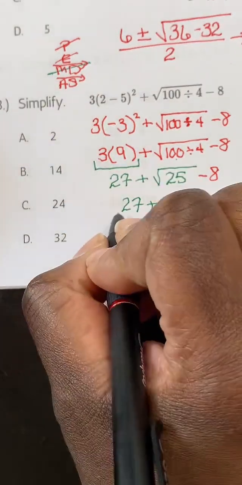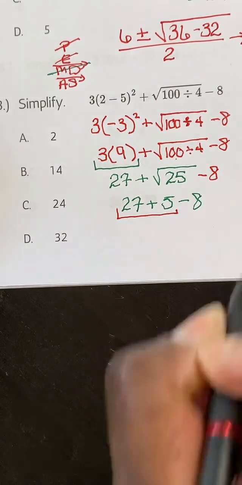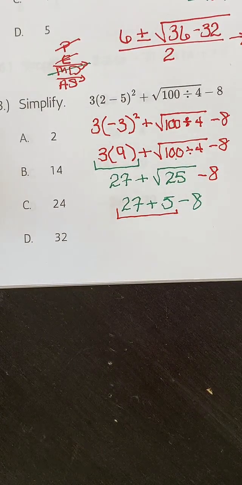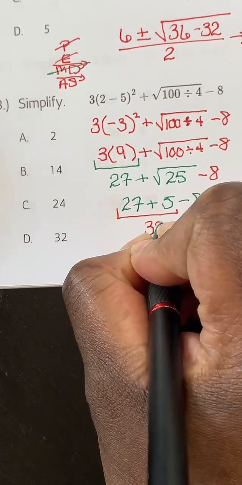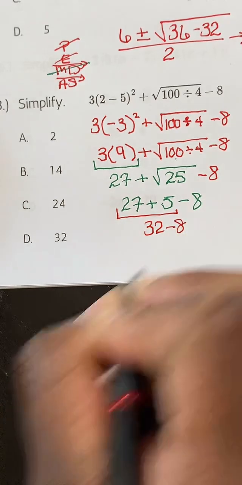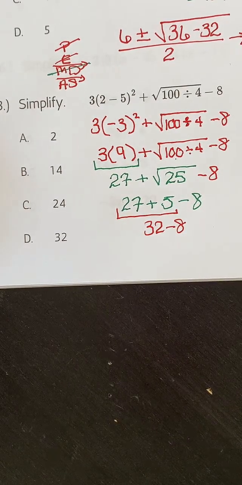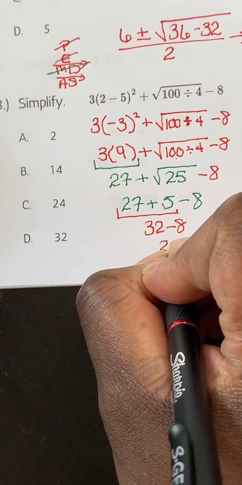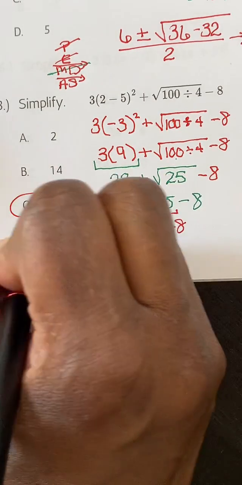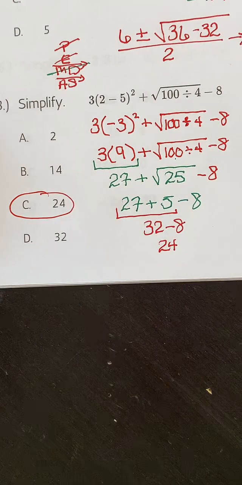So that means I am adding these two. So when I get my 27 plus my 5, that will give me my 32. And when I subtract that 32 with the 8, that will give me my 24. So my answer is C.